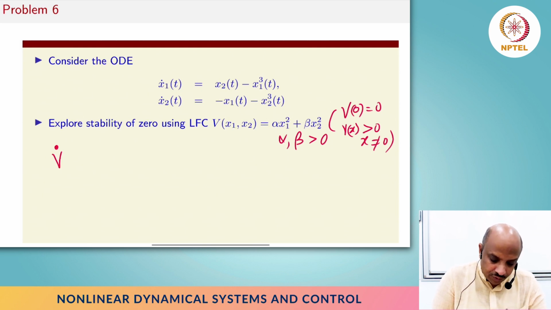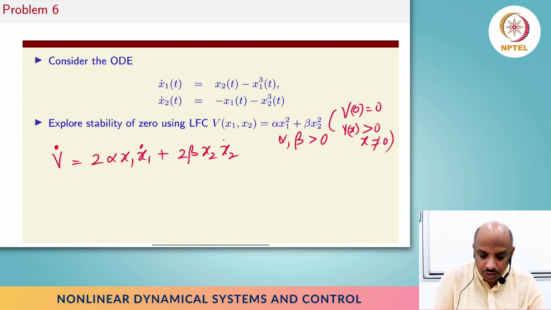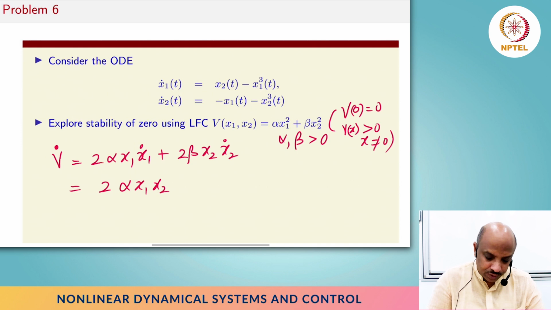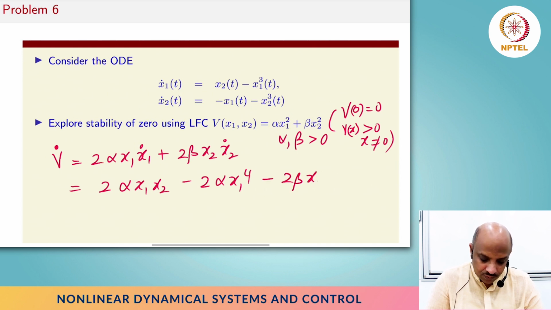V dot is going to be 2 alpha x1 x1 dot plus 2 beta x2 x2 dot, right? Which when substituted, I'm going to get 2 alpha x1 x2 minus 2 alpha x1 to the power 4, minus 2 beta x1 x2 minus 2 beta x2 to the power 4.